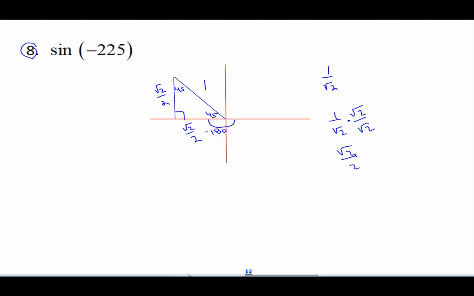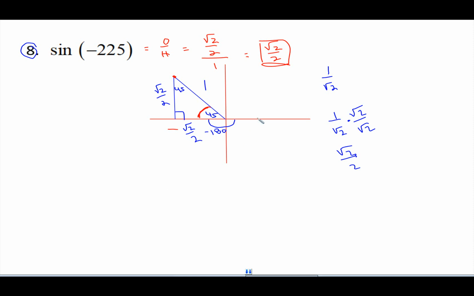In quadrant 2, x is negative but y is positive, so this would be positive, this would be negative. We're finding sine, which is opposite over hypotenuse. From this central angle, the opposite side is rad 2 over 2 divided by our hypotenuse 1. So we get rad 2 over 2 as our answer.